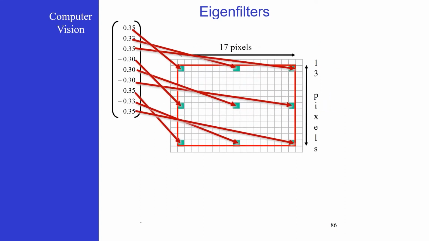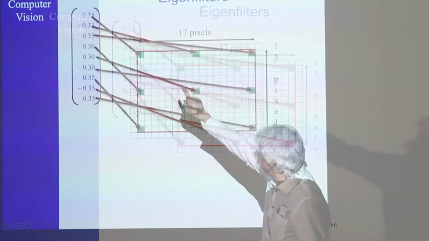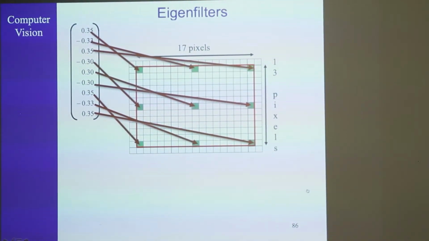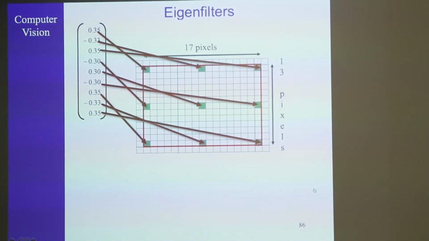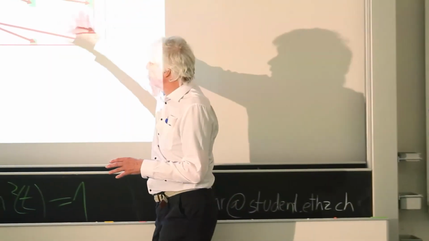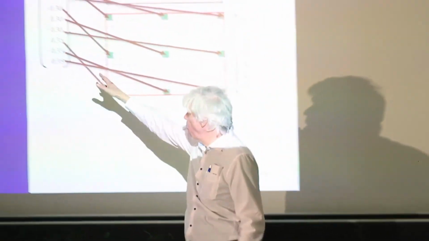And here is how we've built this eigenfilter from the eigenvector. You see that different components of the eigenvector are filled in at these 9 spots of interest in the sparse eigenfilter. And so we have 1 convolution filter as a result of this 1 eigenvector.